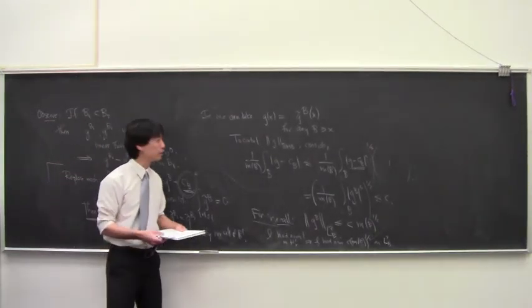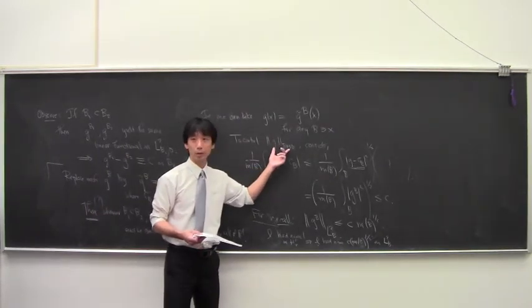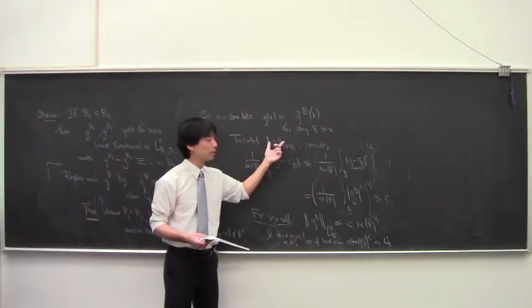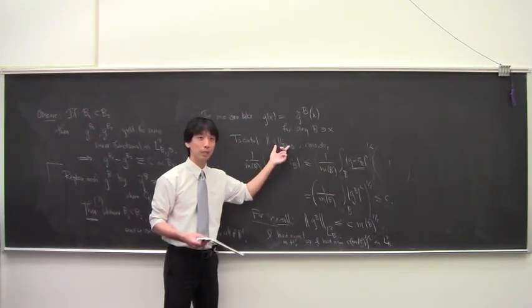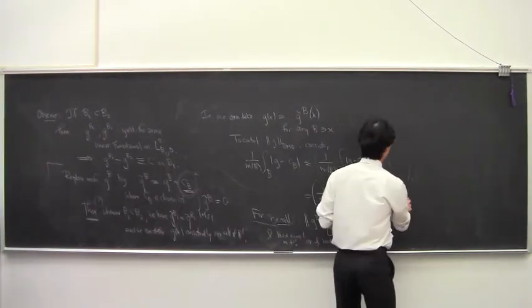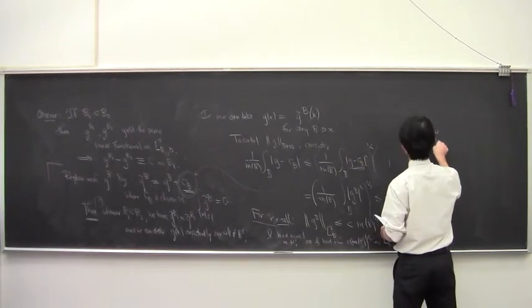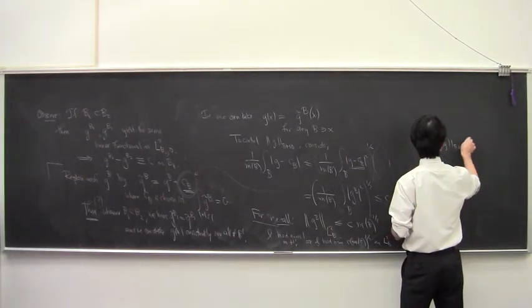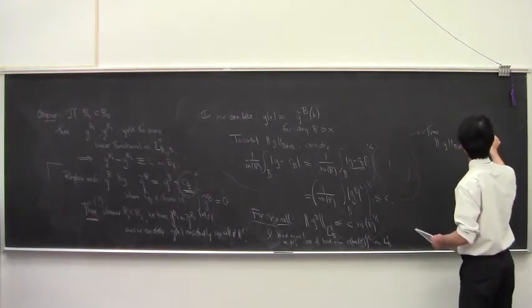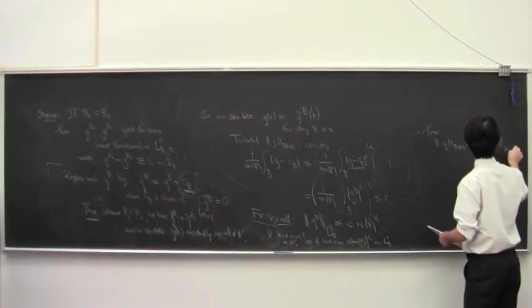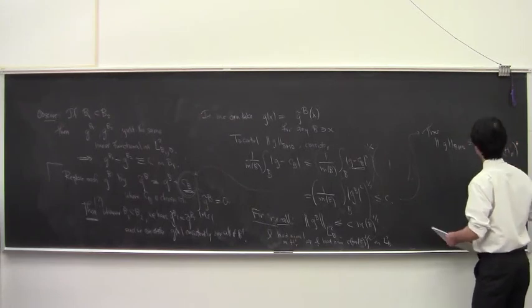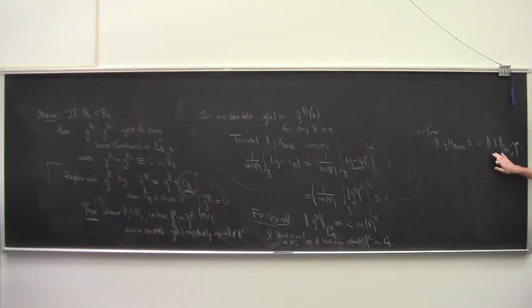Because we wanted to show that the BMO norm was controlled by some constant times the H1 star norm of L. And we assume the H1 star norm of L is 1. Right? So thus the BMO norm of g is controlled by some constant times the H1 star norm. Right? We normalized at the very beginning to make this 1. So getting this bounded by some constant doesn't help us.